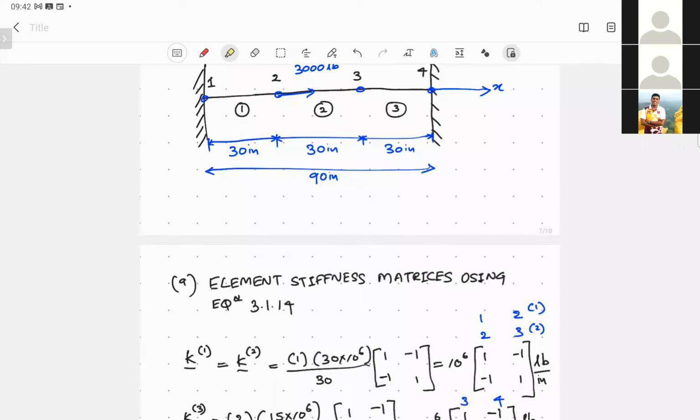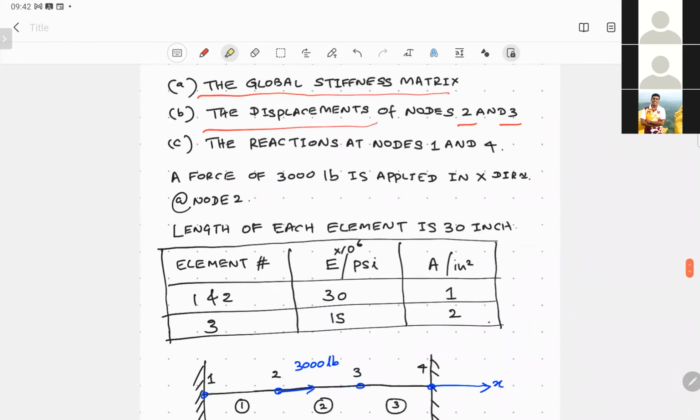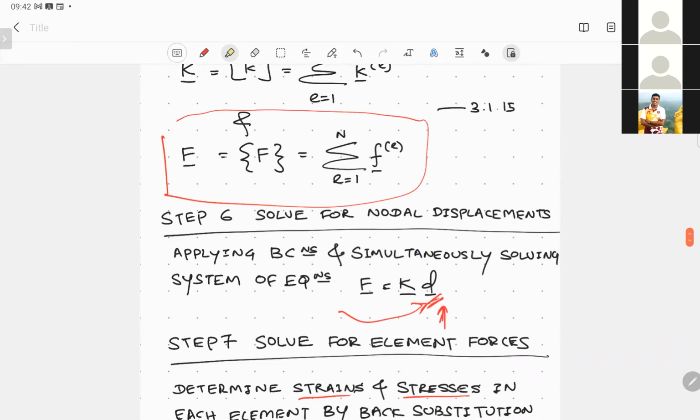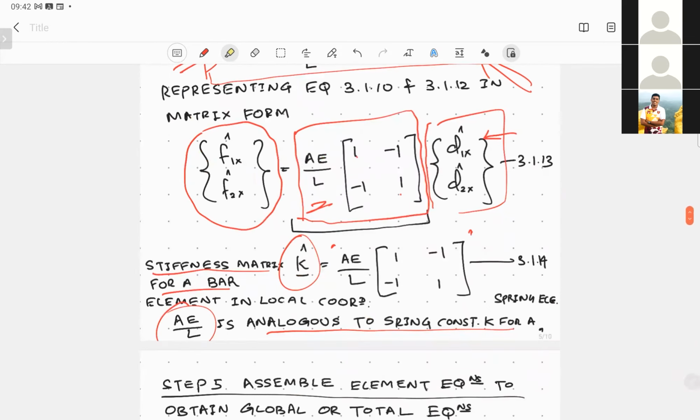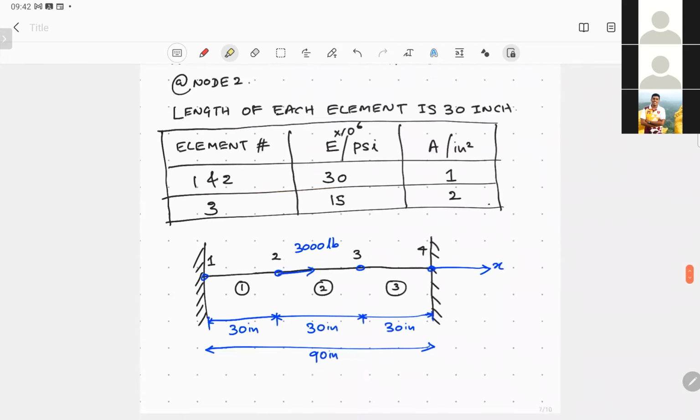Before we find the global stiffness matrix, we need to write down the element stiffness matrices, of course, in the local coordinate system. For that, we have to analyze element by element. So let's try to find the element stiffness matrices using equation 3.1.14, which is nothing but this equation, which describes the element stiffness matrix for a bar element or a truss element, of course, for a linear elastic bar.